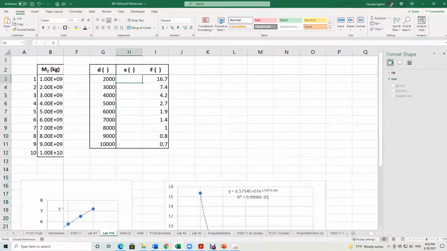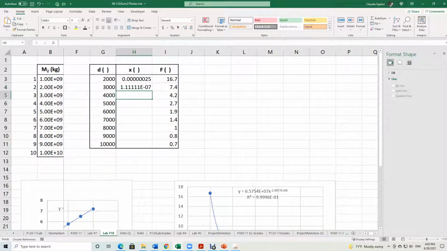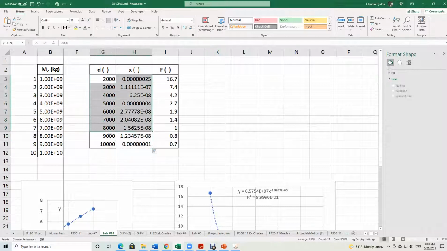Here you go. X is going to be the inverse square of d. Click and drag.